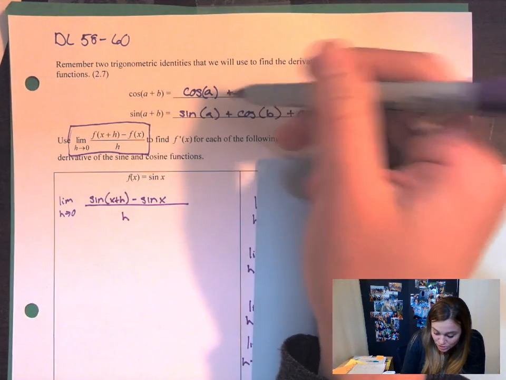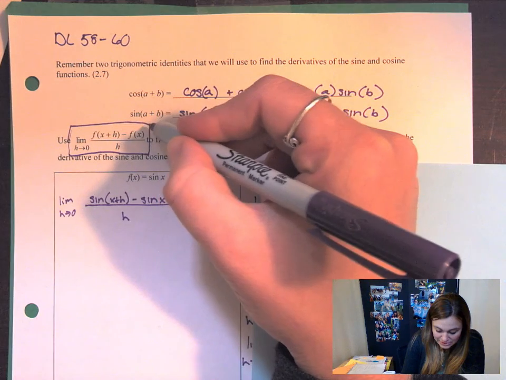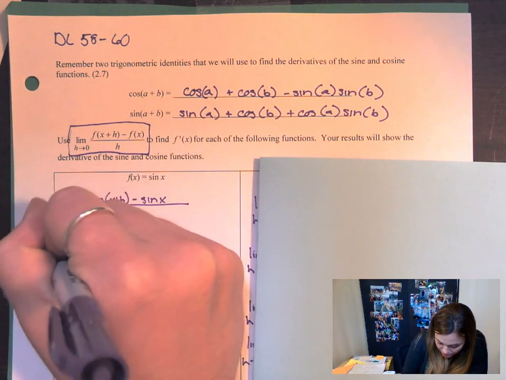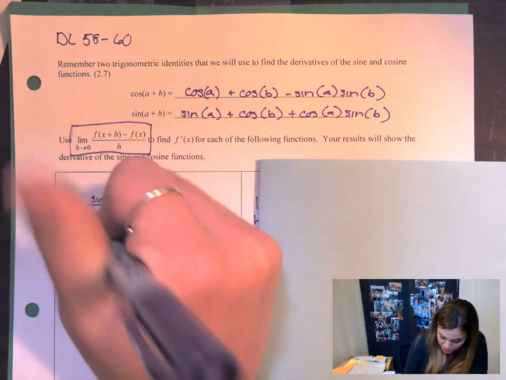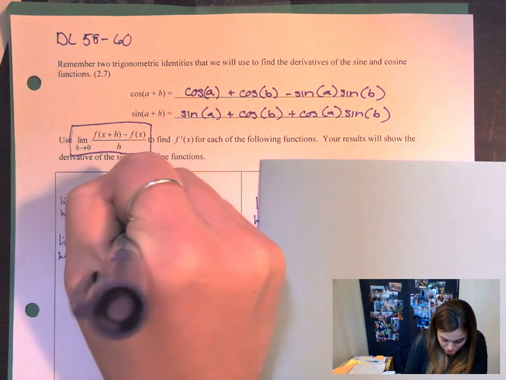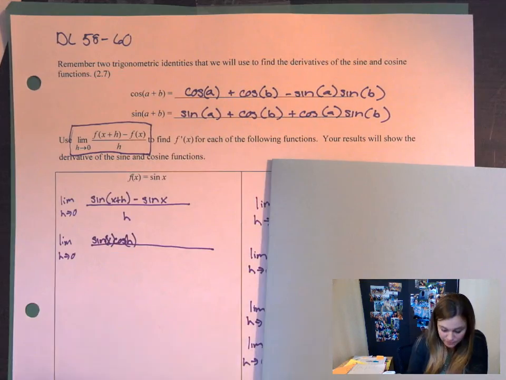The next thing that you do is you have to use this double angle identity, sine of a plus sine of b is equal to that whole mess. So I'm going to write limit as h approaches 0. And instead of sine of x plus h, I'm going to write sine of x cosine of h. And I could put parentheses every time around here. There we go.